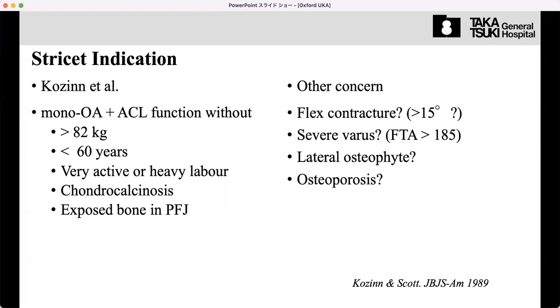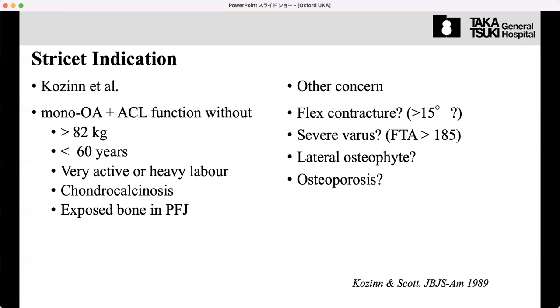It includes monocompartmental disease and a functional ACL, without high body weight (more than 82 kilograms), younger age (younger than 60 years), very active or heavy labor, chondrocalcinosis of the lateral cartilage, and exposed bone in the patellofemoral joint, so-called patellofemoral arthritis.